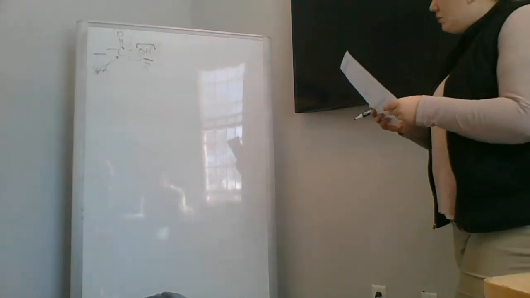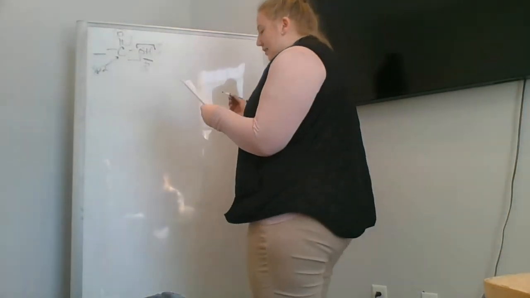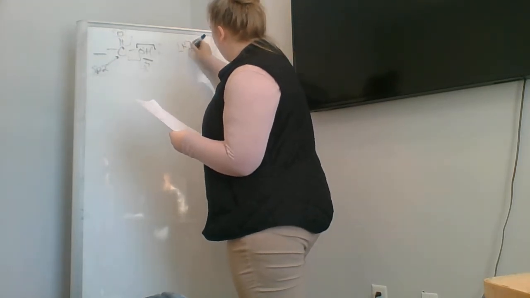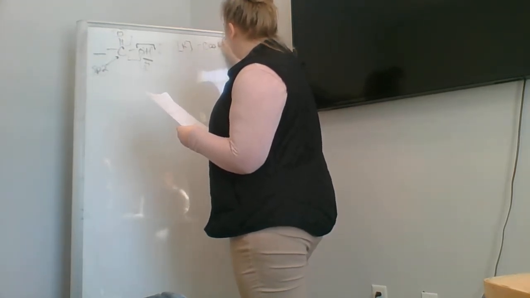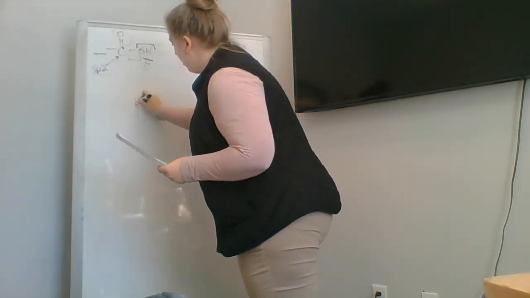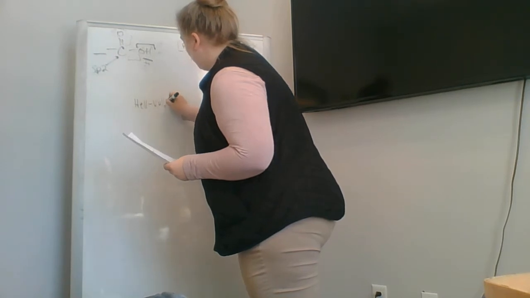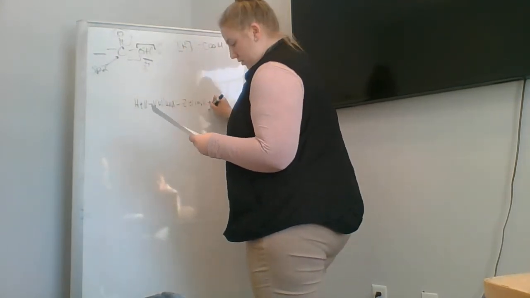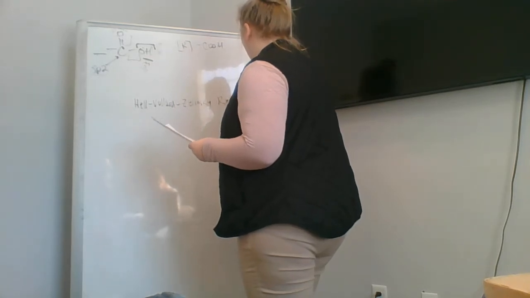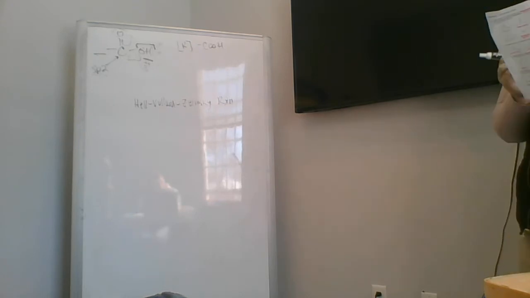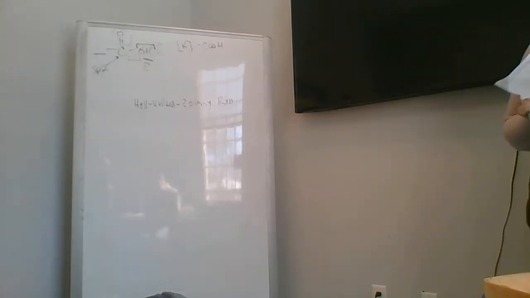The last two reactions discussed, so we have reduction of carboxylic acids, and we have the Hell-Volhard-Zelinsky reaction. So, when we're talking about reducing a carboxylic acid fully, who remembers the final product that we're expecting?